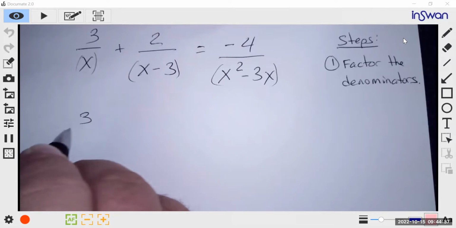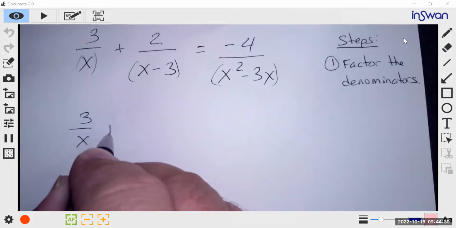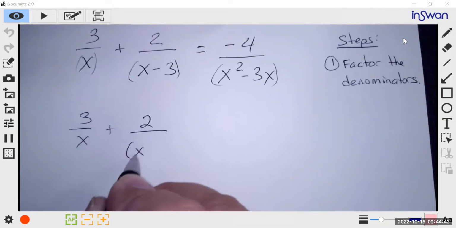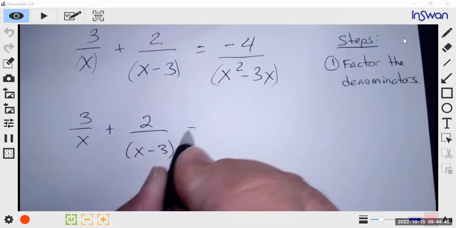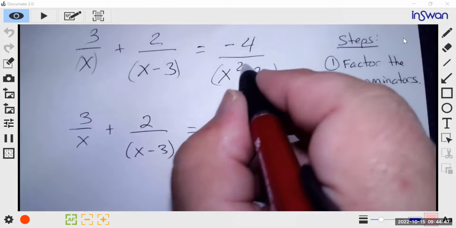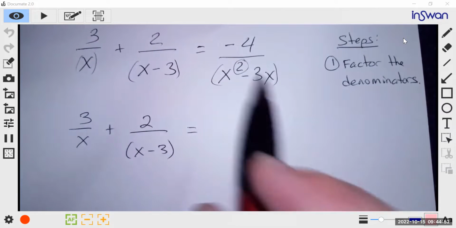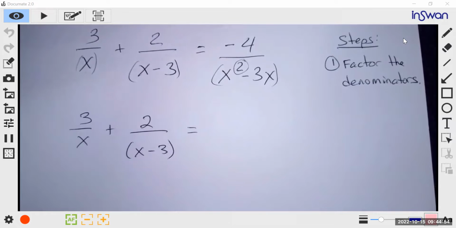So that one's good. This one's as far as you can go. Whenever you have anything squared, or if you have coefficients in both of them, usually something can factor out.